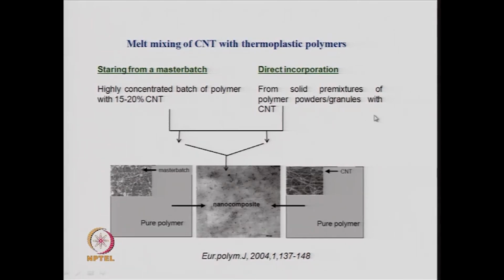Here you have started with CNT and a solid premixture of polymer powders, and these are the CNT tubes, and this is the nanocomposite that you get. So, melt mixing of carbon nanotubes with thermoplastic polymers can be made in this way, and this is the nanocomposite. These are scanning electron micrographs of nanocomposites.